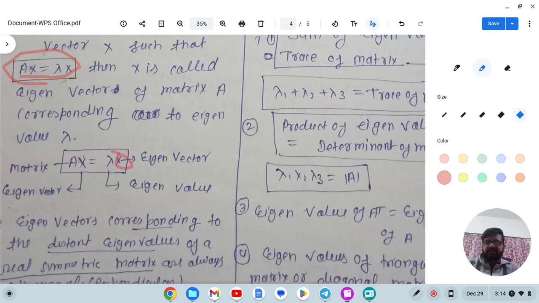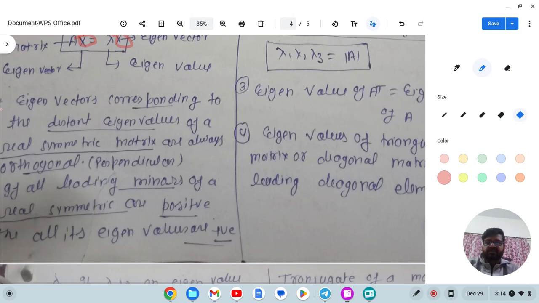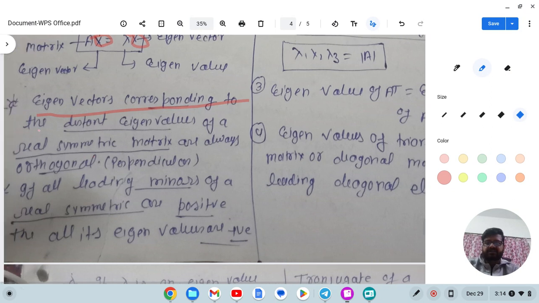X is the eigenvector corresponding to this eigenvalue. Eigenvectors corresponding to distinct eigenvalues: this is an important point. Eigenvectors corresponding to distinct eigenvalues of a real symmetric matrix are always orthogonal.